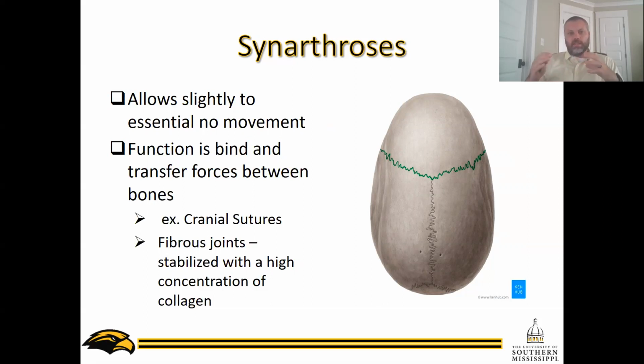And this is really important, or very useful, in a transfer of forces. So if you get hit in your forehead, that force doesn't only stay in that plate, but it actually gets transferred across the entire skull. That's an important mechanism when we start thinking about things like injuries and so on and so forth.